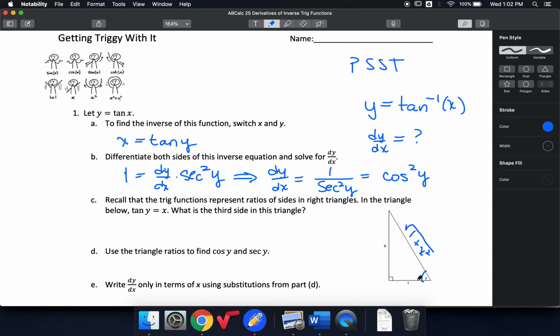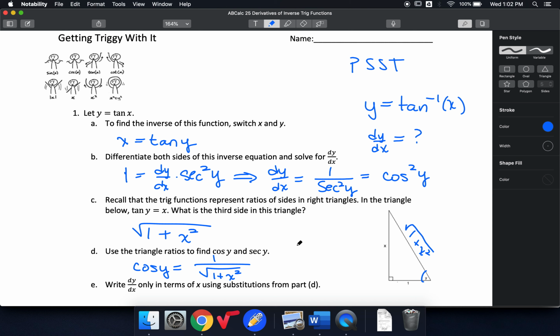So cosine of y is going to be 1 over root 1 plus x squared.